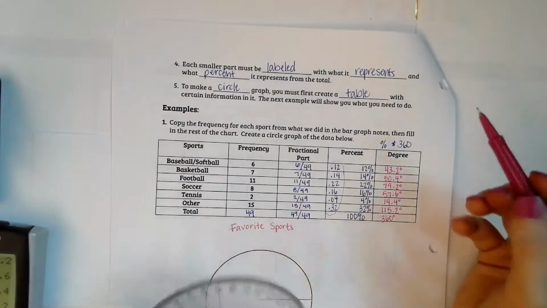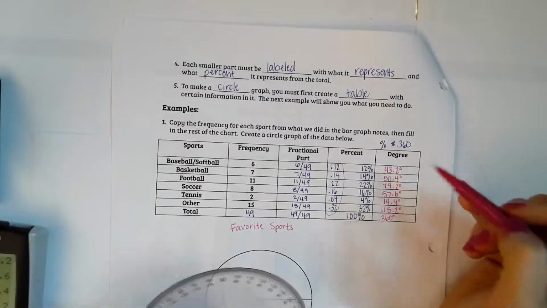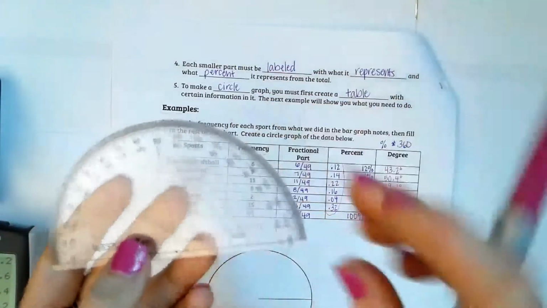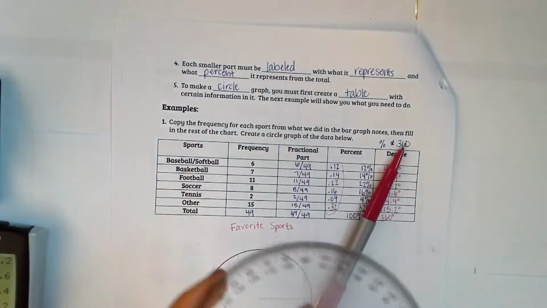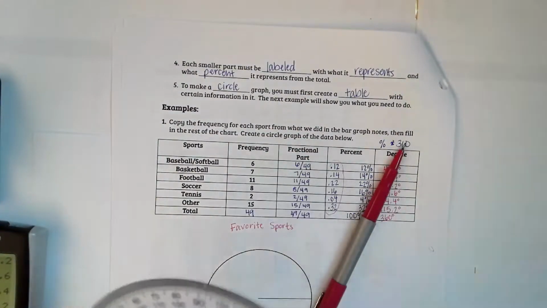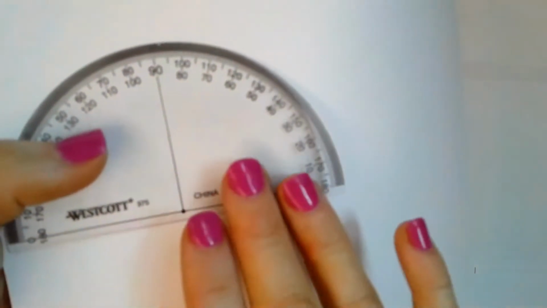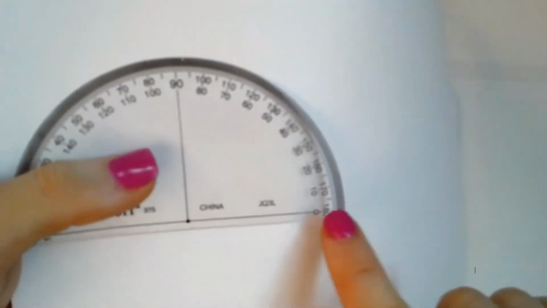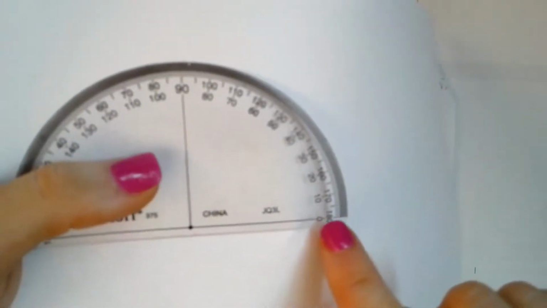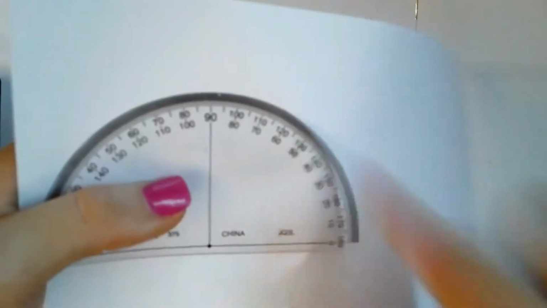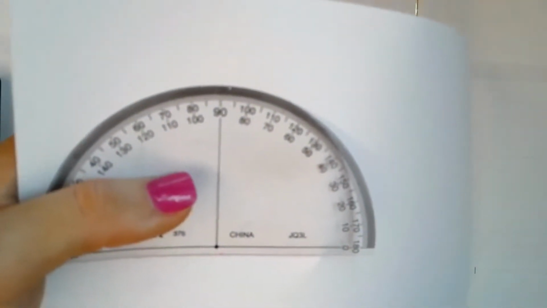Okay, the first one is 43.2 degrees. As you can see over here, there are two different numbers. You're always going to use the inner one, so the smaller numbers. Okay?